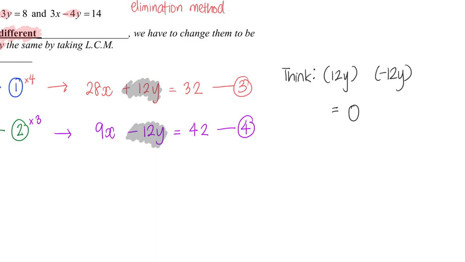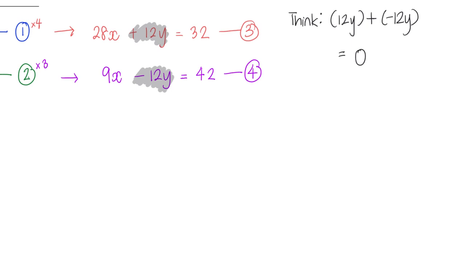That's how we eliminate the variable. So you will see Mr. Tan adding the equations together, because 12y plus negative 12y will give me 0. Okay? And that brings me to the next line where I will have my equation 3 plus equation 4.